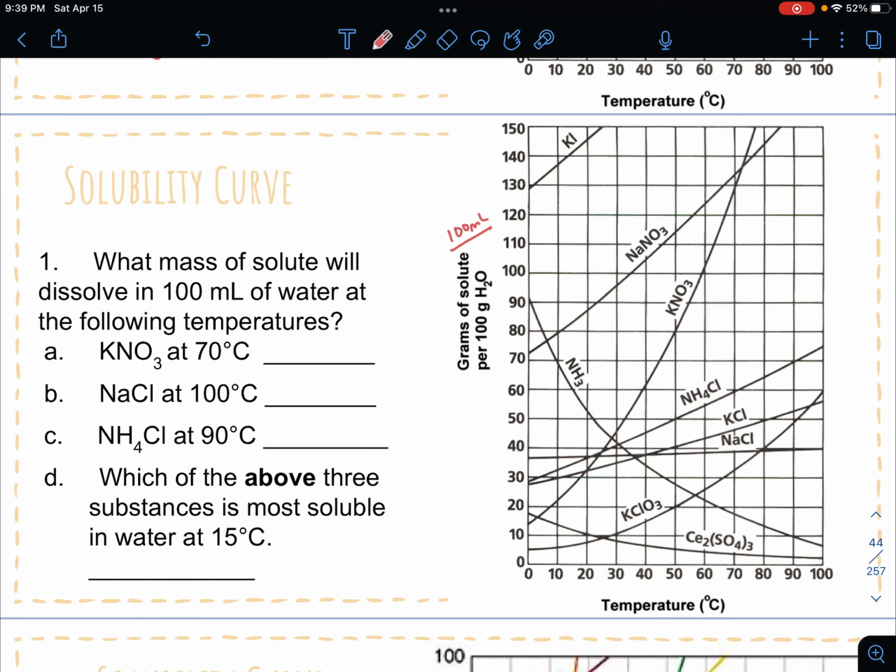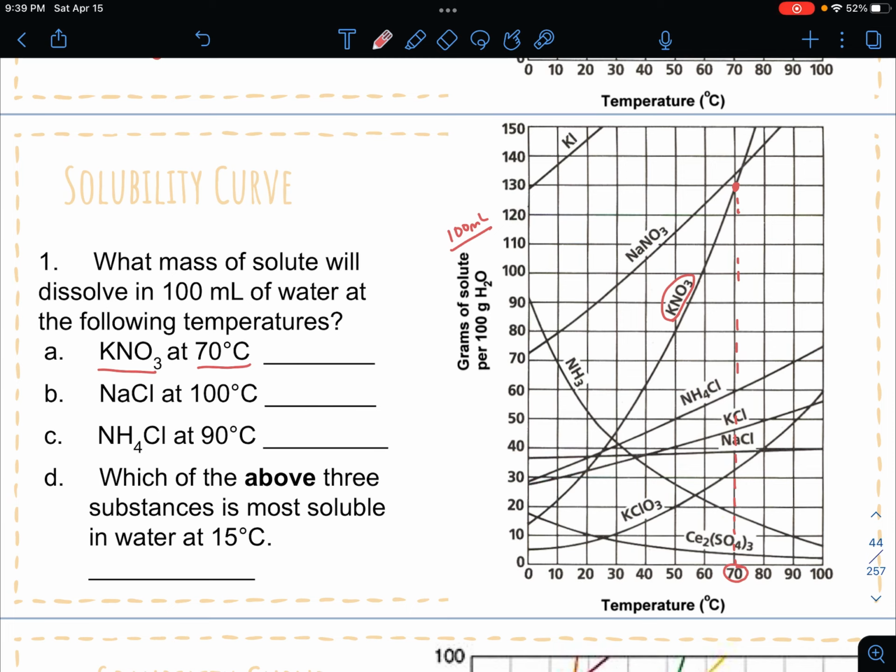So all we have to do is find what it is we're looking for and then find the temperature. I'm going to find potassium nitrate, or KNO3. It's right there. And I'm going to find 70 degrees, which is right there. It wants to know what mass, so I'm going to follow my temperature line up until I connect with that KNO3 line.